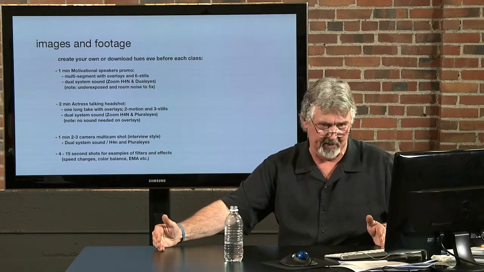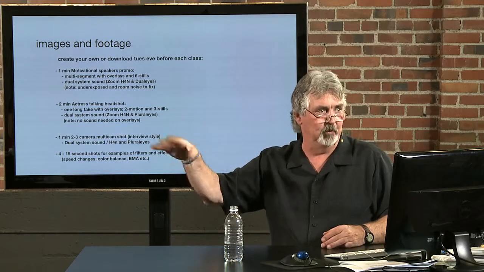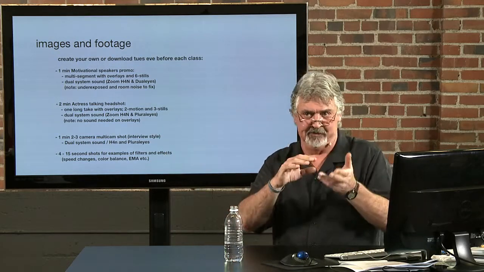The second project we'll be working on is a 2-minute monologue by an actress, okay? So have a person develop and recite a 2-minute monologue, keep one piece of tape for all of that. It doesn't have to be an actress describing her different characteristics, it could be somebody describing places they've visited in the world, so you can cut away to vacation footage.